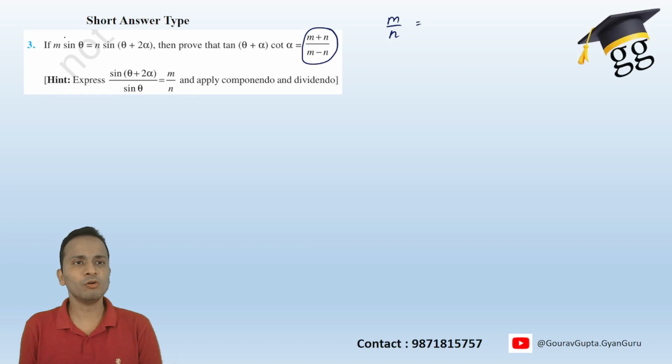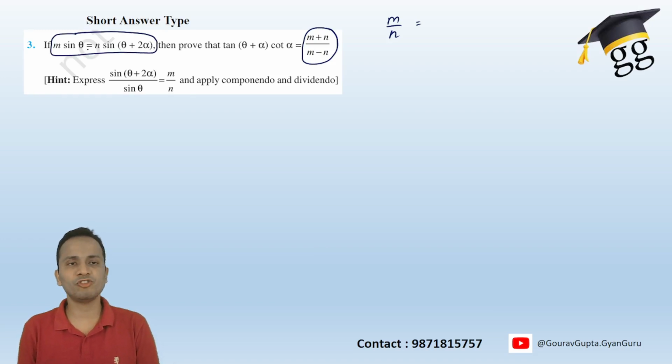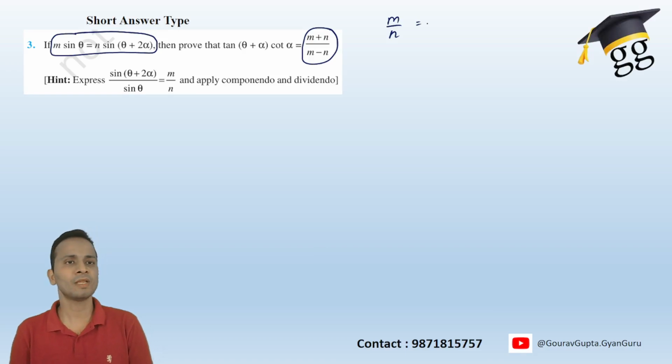Now from the given part, which is m sine theta is equal to n sine theta plus 2 alpha, I can obtain m upon n. So m upon n after cross multiplication will look like sine theta plus 2 alpha whole divided by sine theta.